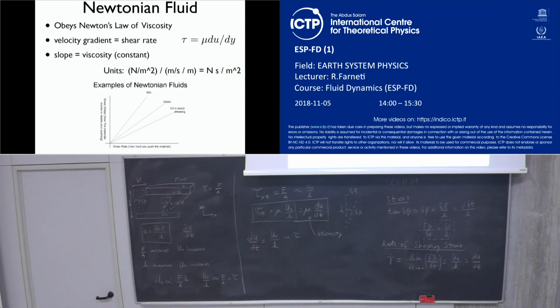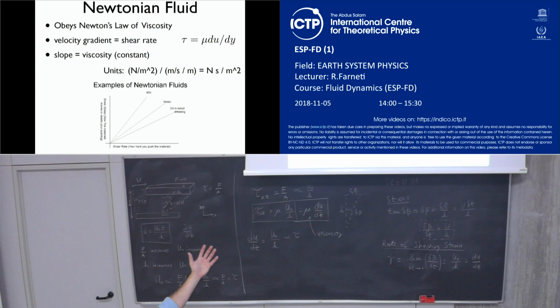Okay? So now we can define two different kinds of fluids. One fluid that is called Newtonian, which is what we talk about every day, and different fluids that are called non-Newtonian, which in environmental problems, we don't care so much about. Okay? So what is a Newtonian fluid? A Newtonian fluid obeys Newton's law of viscosity, of course.